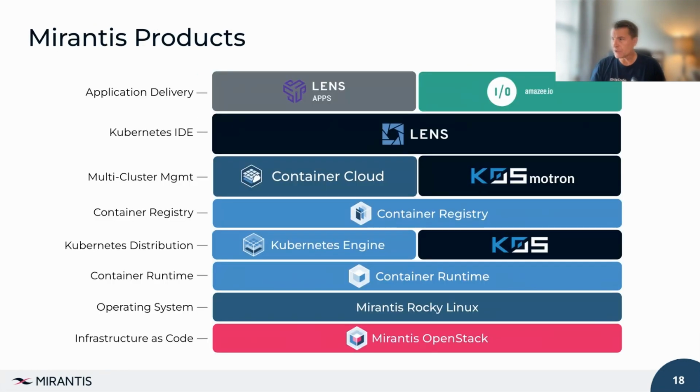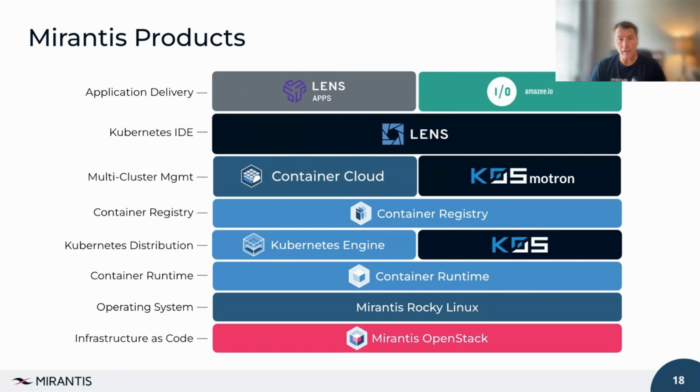So just again, to go over the different Mirantis products: from an application delivery standpoint, we have Lens Apps and Amaze.io. From a Kubernetes IDE standpoint, we have Lens. For multi-cluster management, we have the Mirantis Container Cloud, as well as Cosmotron.